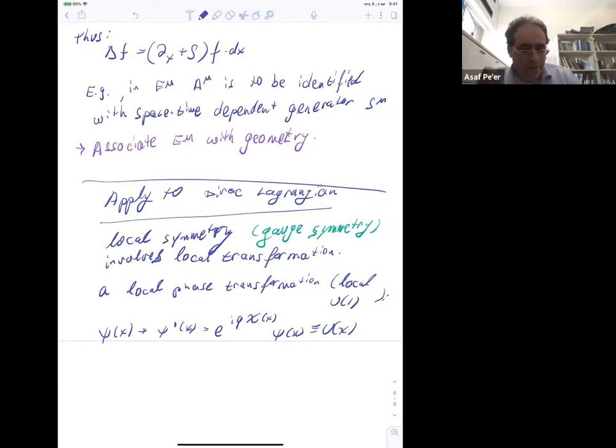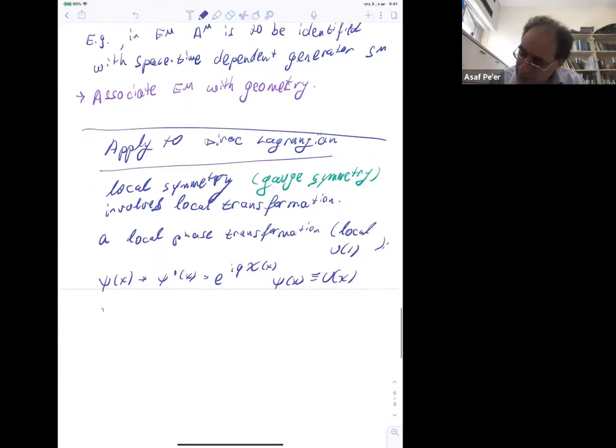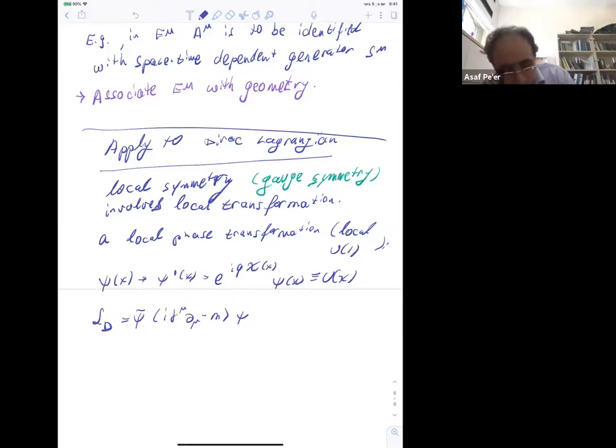So what happens when we apply this transformation to the Dirac-Lagrangian? L_Dirac is psi bar (i gamma^mu d_mu minus m) psi. Now we have a local nature of the gauge transformation, so I cannot just commute the U through the parenthesis, because I have the derivative d_mu inside.